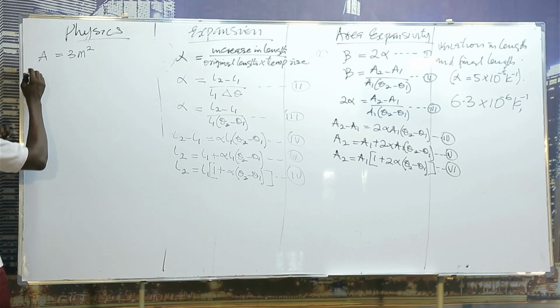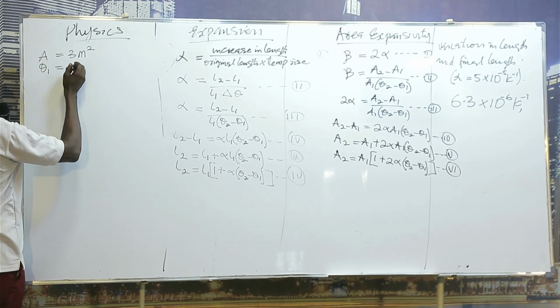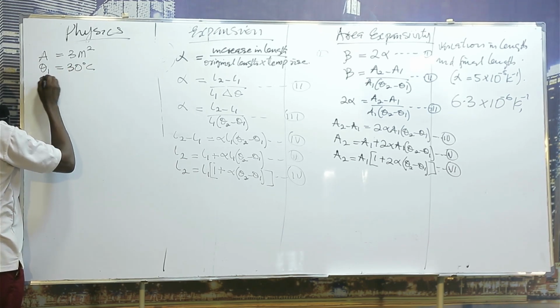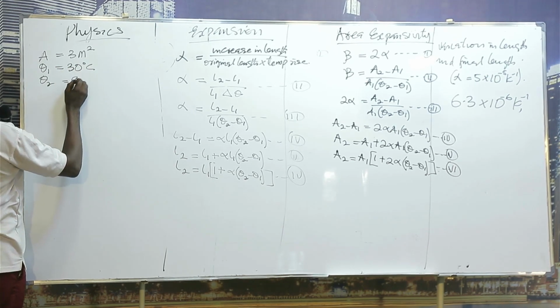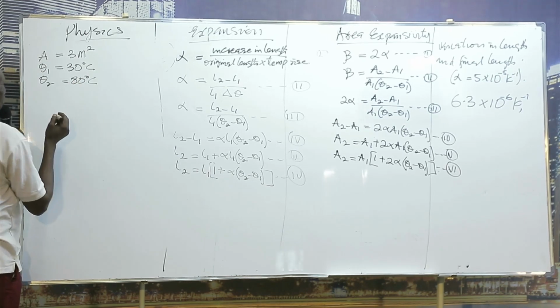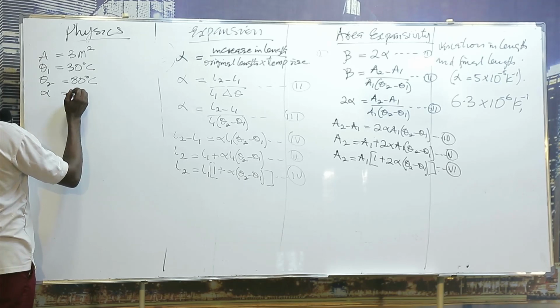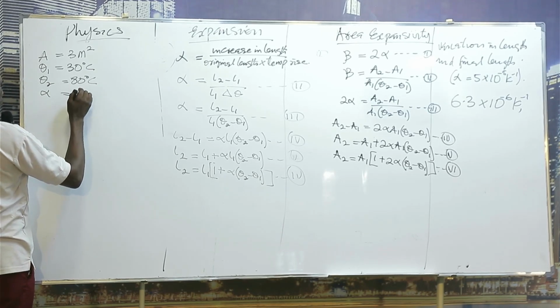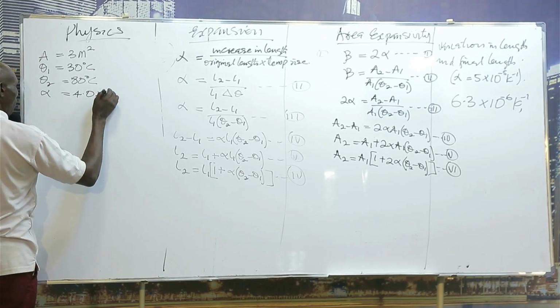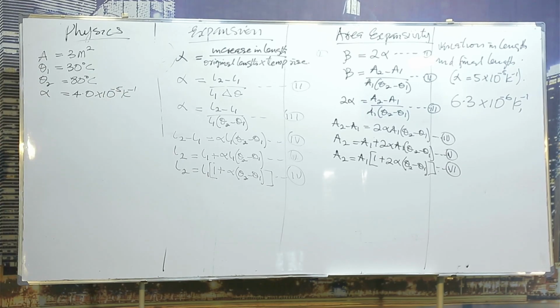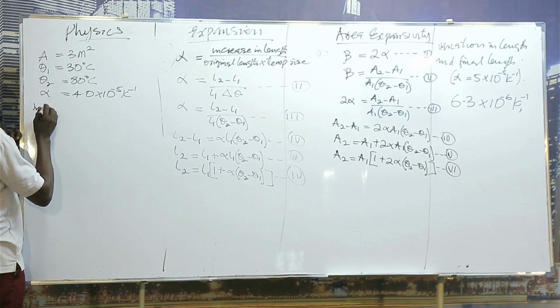Initial temperature. Please stop writing. Theta 1 is what? Theta 2 is what? Alpha is what? 4.0 times 10 to power what? Minus 5 per Kelvin. And we're looking for what? Increase in area.